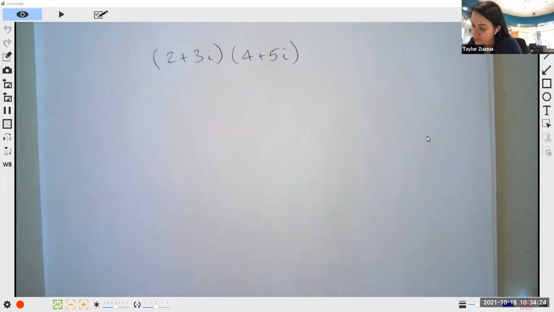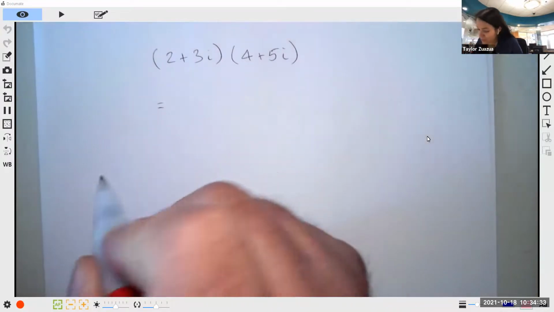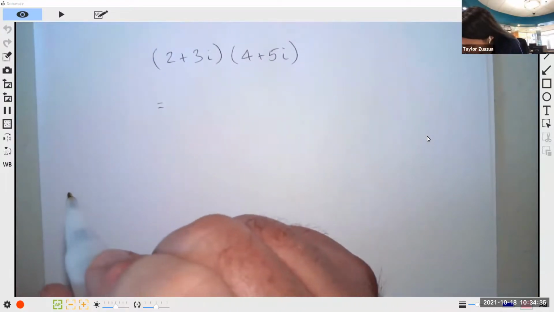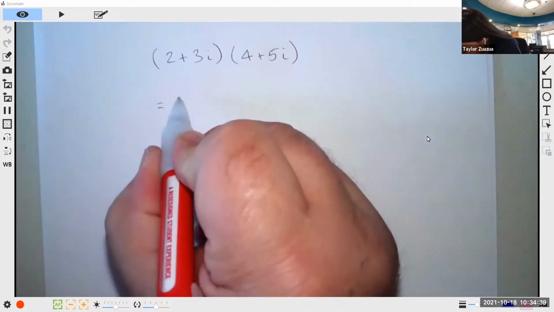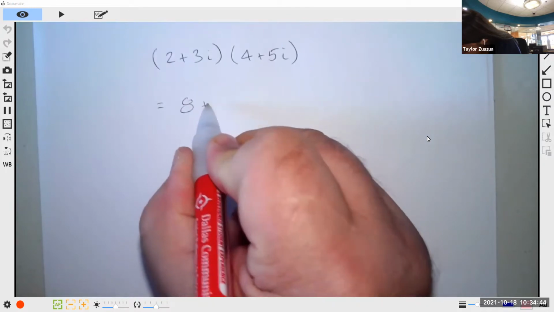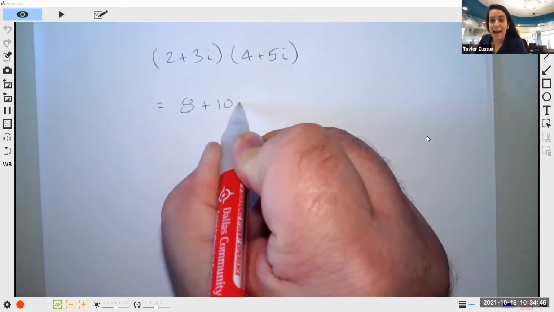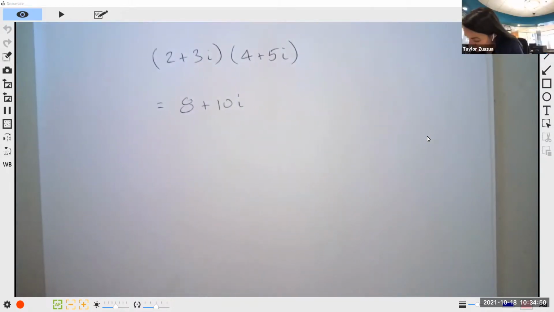Okay, let me look at these notes. The first one goes to 4, and then it goes to 5. So 2 times 4 is 8, and then plus 10i. Right? Okay.